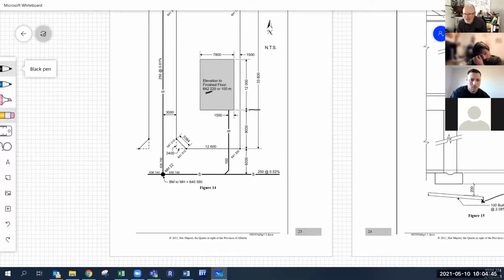This is the main sewer right here, and the building sewer right here. So we need this elevation here and this elevation here. So we have to do two separate calculations.